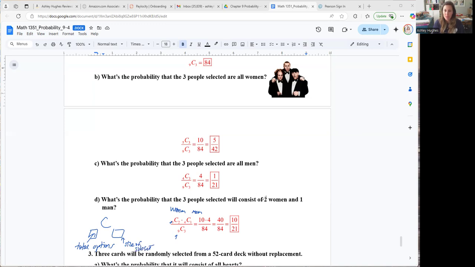How many of the women are you trying to choose? 2. And then there's 3 in total, right? For this, there's 3 people total selected. There's 2 here, plus the 1 here gives us the 3, right? And the 5 here and the 4 here gives us the 9. So that should hopefully be helpful.